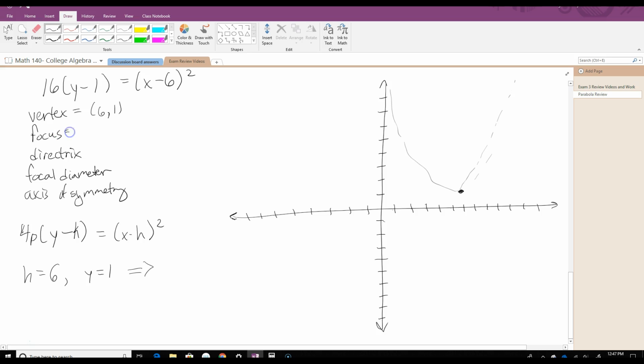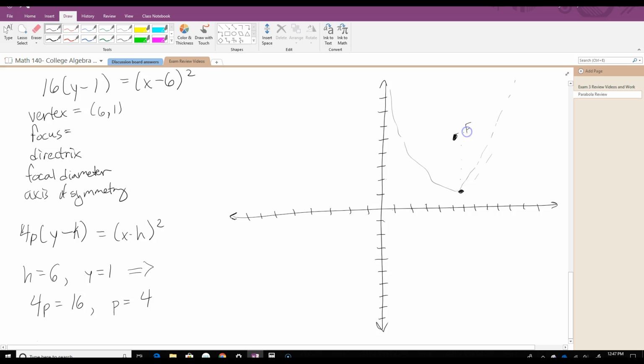So how do I find that? Well, I know that the focus is going to be p above my vertex. So 4p is going to equal 16, and so p will end up equaling 4. Just do a little algebra. And so that's 1, 2, 3, 4.